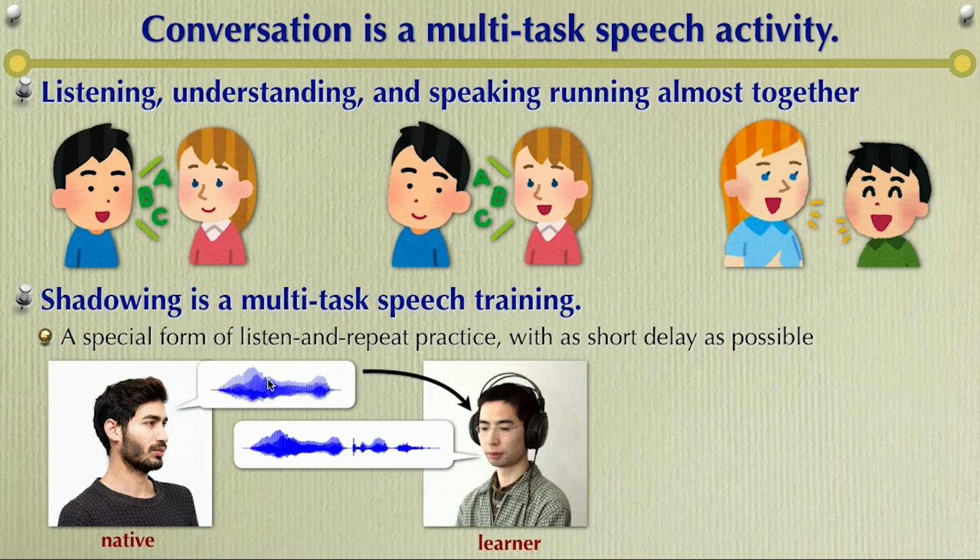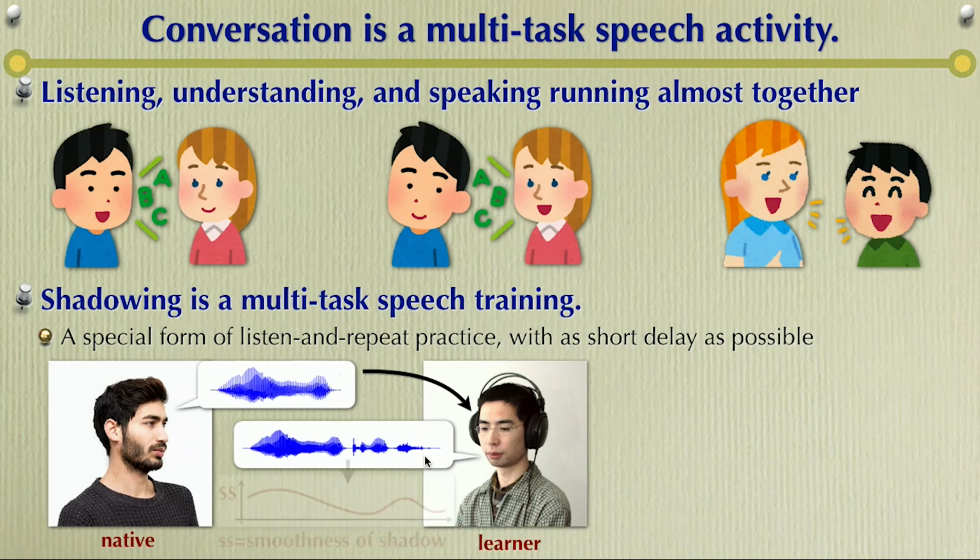But shadowing is a special form of listen and repeat. Learners are not allowed to wait. Learners' repetition has to start immediately after the beginning of the native utterance, so the native utterance and learners' repetitions somewhat overlap. Shadowing is a much more difficult task compared to simple listen and repeat.